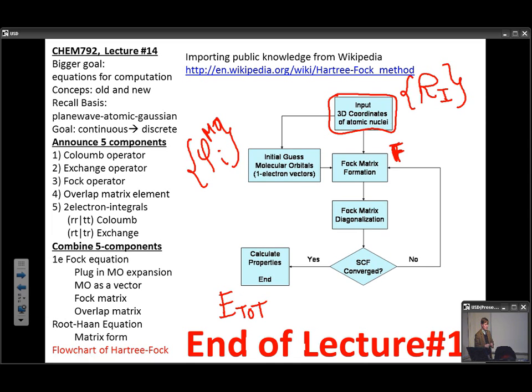And the final result does not depend on this. It just may take a little longer computation. Then one is diagonalizing this Roothaan equation, which forms the energies and expansion coefficients.